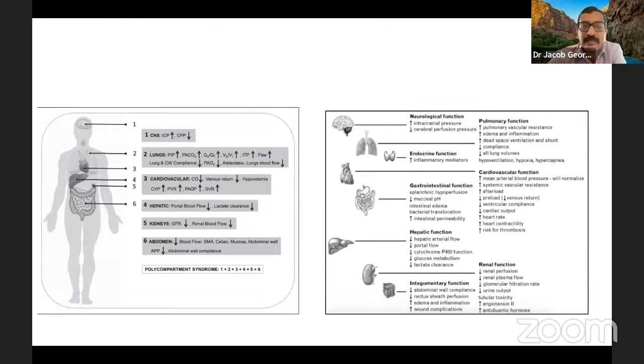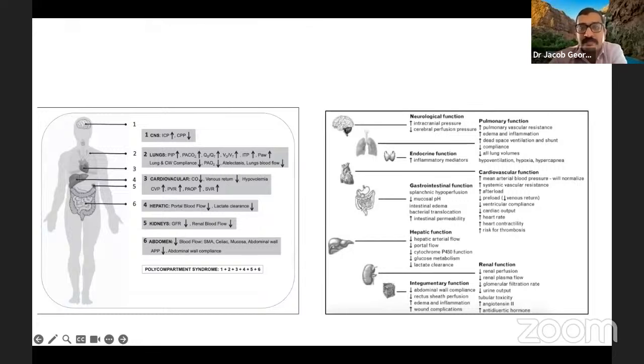So you have hypercapnia and hypoxia. The cardiovascular system is affected because your cardiac output comes down and your venous return comes down, and you are eventually dealing with a patient with hypovolemia, although your CVP is high and your SVR is high. Similarly, you have decreased blood flow across the liver, the kidney, and the abdomen.